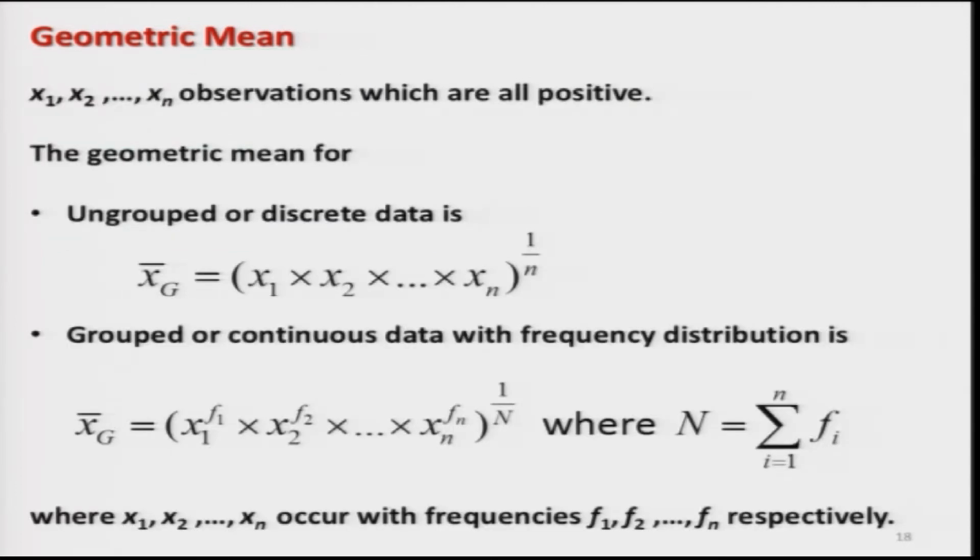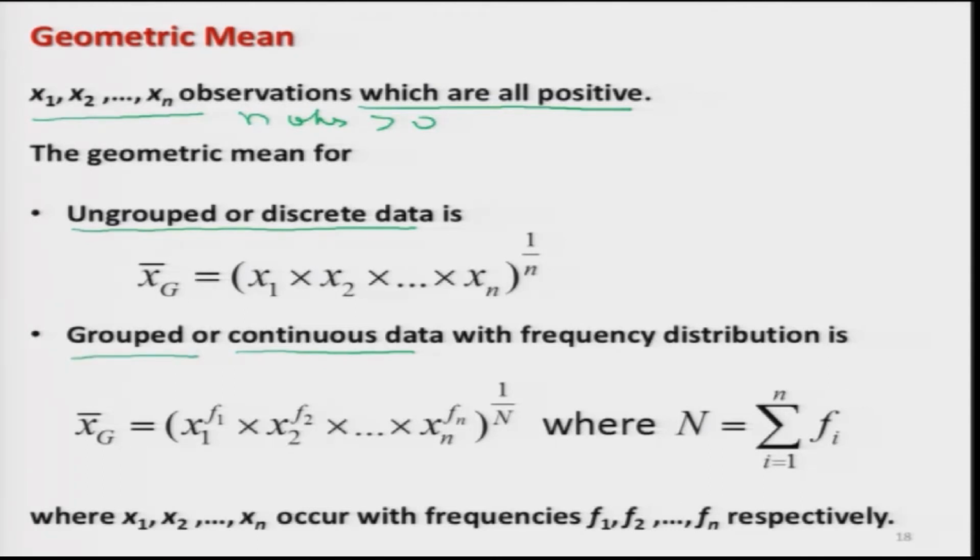One condition in geometric mean is that all the observations should be positive. So, let x1, x2, xn be the n observations which are all greater than 0. These observations can be on a discrete variable or an ungrouped data set, or they can be data on a continuous variable and may create a grouped data.